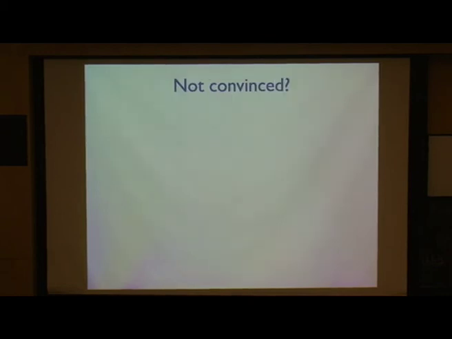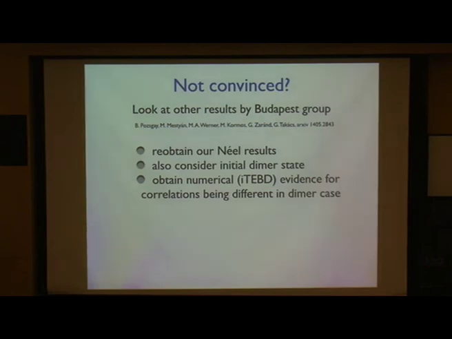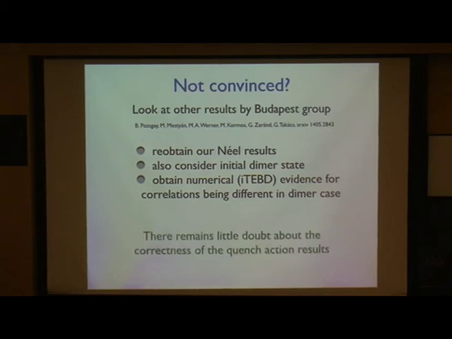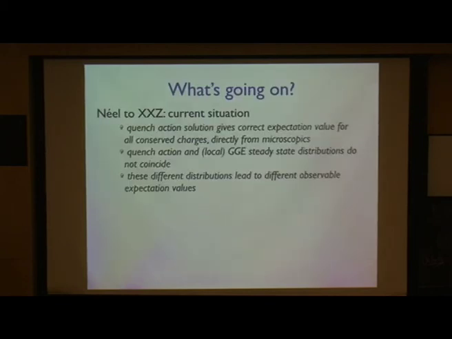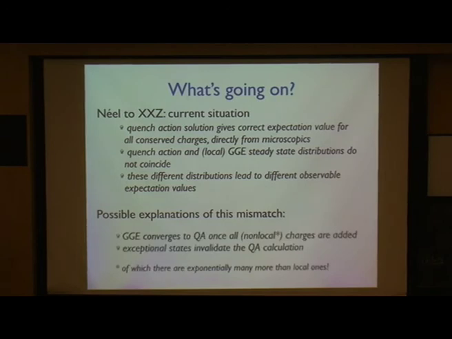Also the group in Budapest got some results on this. They reobtained our Néel results. They also considered a different quench, to a dimer state, and got some numerical evidence for this. So there remains little doubt that the quench action gives you the correct result, but the GGE fails to converge. There's a lot of discussion now in the community about explanations for this mismatch.